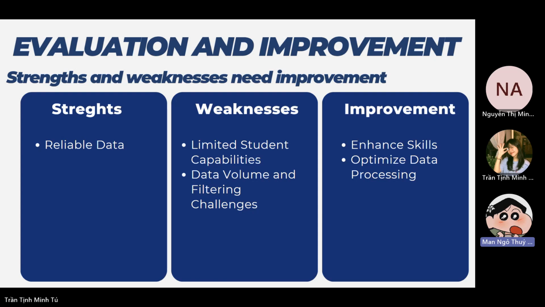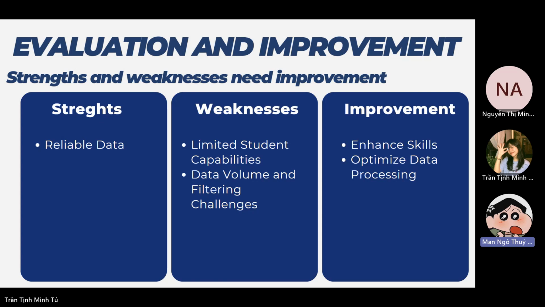About the improvement area, we need to enhance our skills in handling large data sets, implementing advanced machine learning algorithms, and improving our understanding of the e-commerce domain. This can be achieved through additional training, workshops, or collaboration with experienced professionals. We need to optimize the data processing to address the challenge associated with data volume and filtering, so it's important to focus on optimizing data processing techniques.